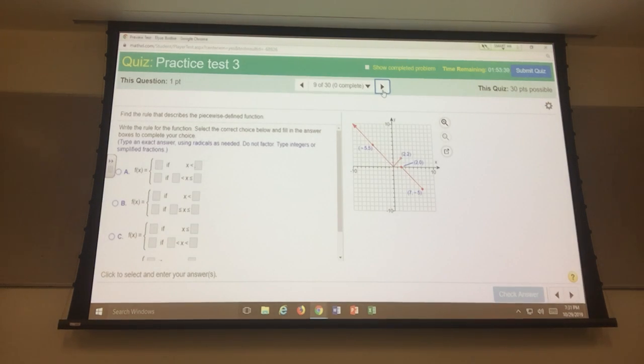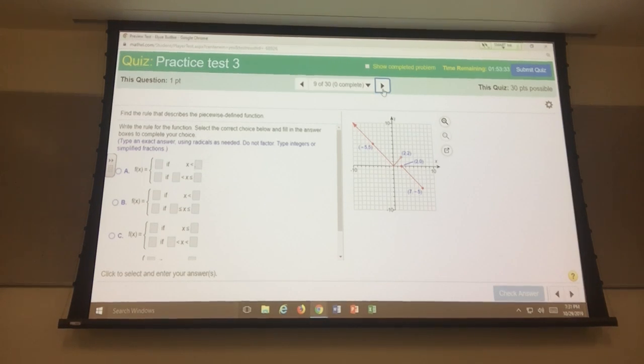What about this one? These can be a little rough. Okay, so what parent graphs do we have? What does this one look like? Absolute value. I completely agree. What about this one? A line. A line that has positive or negative slope?